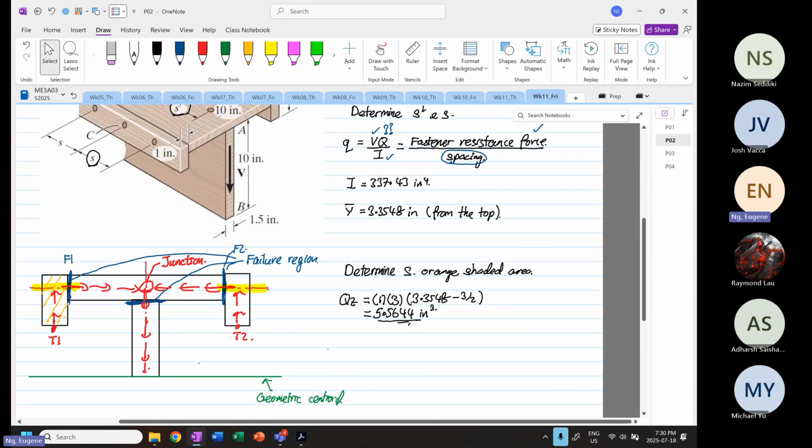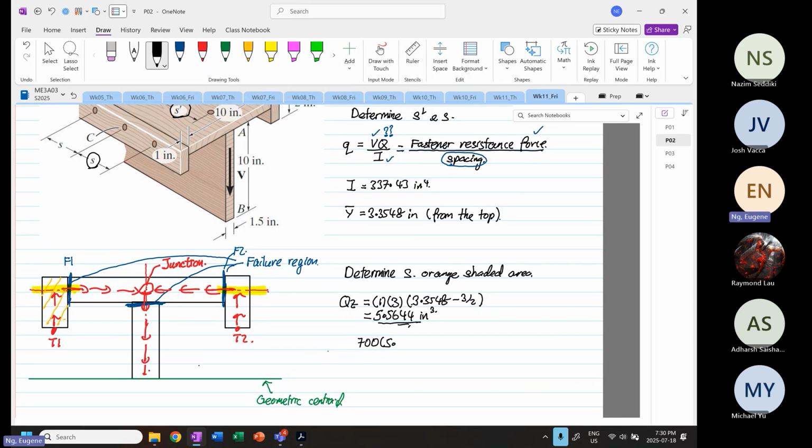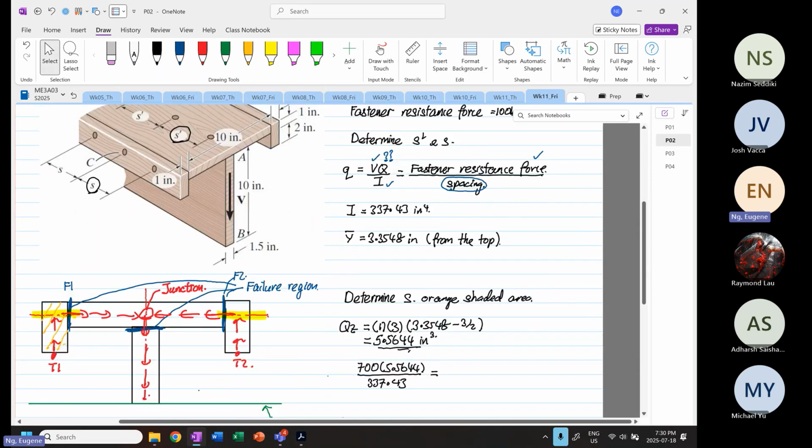We are given V equal to 700, times 5.5644, divided by the second moment of area, which is 337.43. And this is equal to the fastener resistance force, which is equal to what? 100.